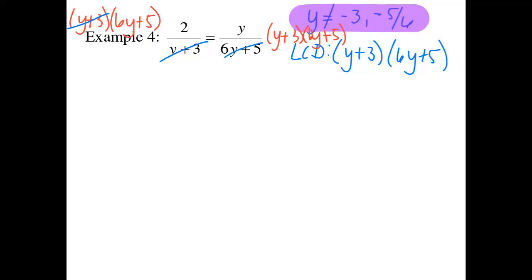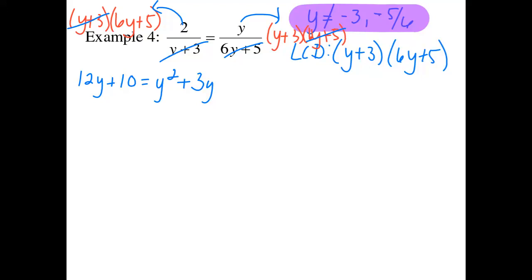Denominator over here cancels with the 6y plus 5. And in this case, we're back to that example where we just distribute these two values into the remaining binomial on each side. So we're going to have 12y plus 10 equals y squared plus 3y.